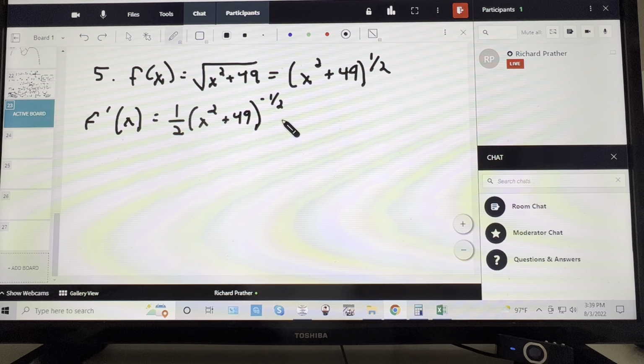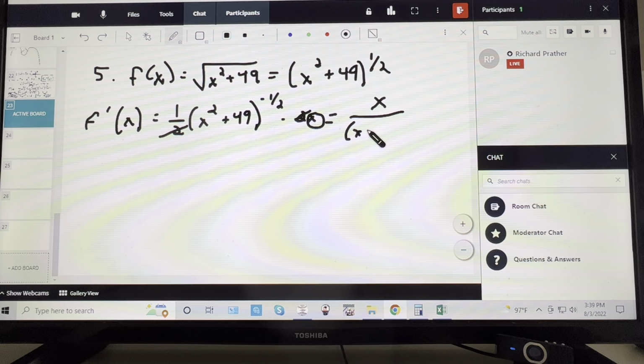Times the derivative of the inside, which is 2x. That's the chain rule. The 2's cancel. The x right here is going to stay in the numerator. The negative 1/2 can drop that down to the bottom as a positive 1/2. You could write it as a radical, but I'm going to leave it this time as a 1/2 because we're going to work with it again. So that was the first derivative.